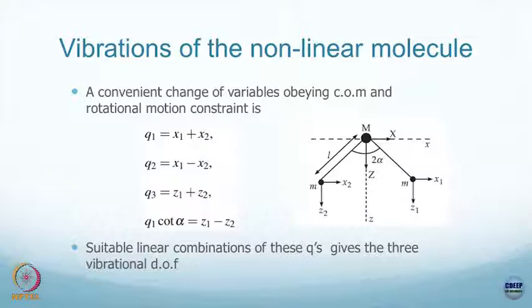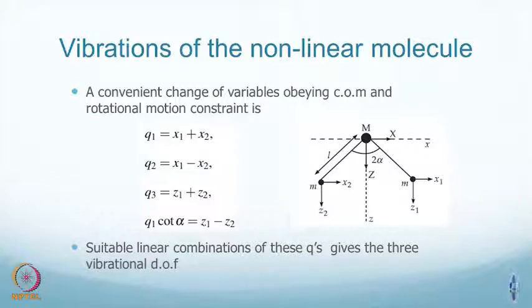This looks ad hoc at present, but let us just make a change of variable to a new variable q1, which is the sum x1 plus x2, q2 is the difference between x1 and x2, q3 is the sum of z1 plus z2, and you will also see that the center of mass of the molecule and the angular momentum about the center of mass being 0 will put in some kind of a condition here between q1 and z1 minus z2. So, I am basically trying to say that if you had 2 coordinates, you could sum up the 2 coordinates and take the difference.